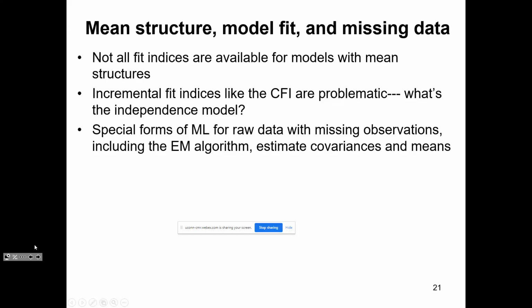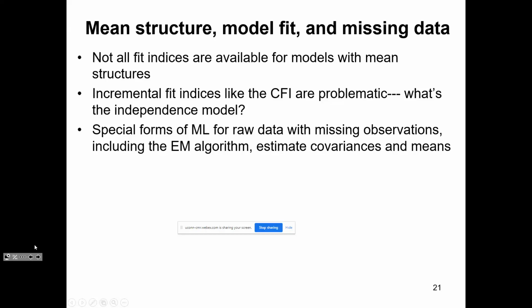Think about the incremental fit indices, which are saying where you are on a continuum from the worst possible model to the best possible model. Remember, we said the worst possible model was estimating variances but not any covariances. But what do you do with the mean structure part? What's the worst possible model in terms of the mean structure part?